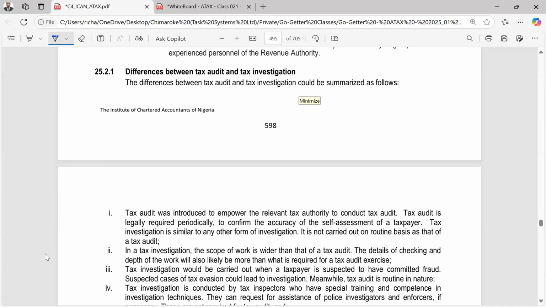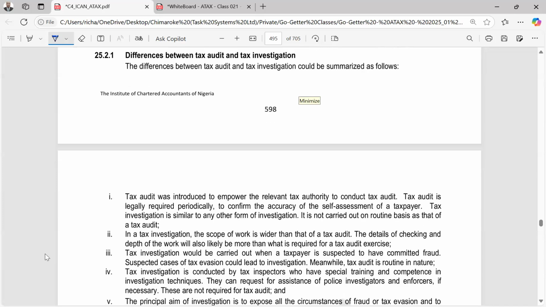Now, the scope of tax investigation is wider than that of tax audits. So you see all those objectives of tax audits that we've mentioned, that of tax investigation is bigger. They are checking to see whether fraud was actually committed. And so the depth of work will be more than tax audits.